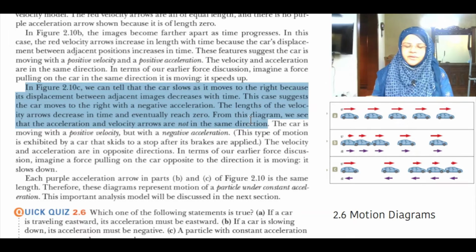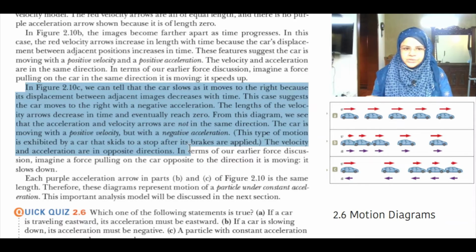The car is moving with positive velocity but with negative acceleration. This type of motion is exhibited by a car that skids to a stop after its brakes are applied. The velocity and acceleration are in opposite directions. In terms of our earlier force discussion, imagine a force pulling on the car opposite to the direction it is moving: it slows down.